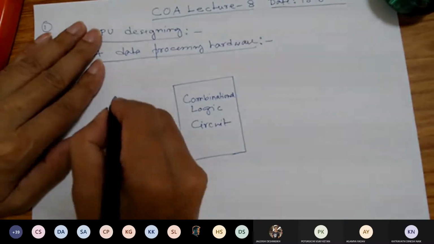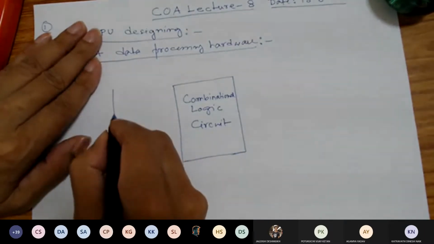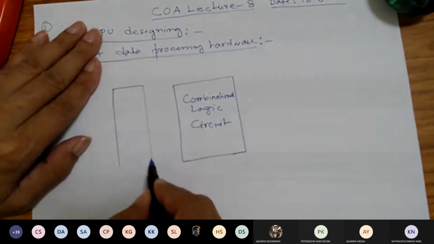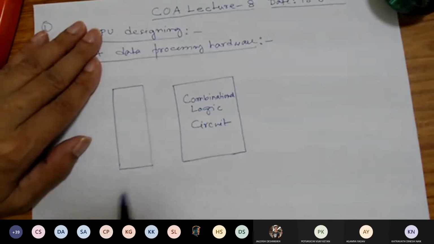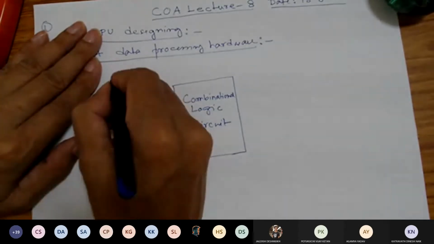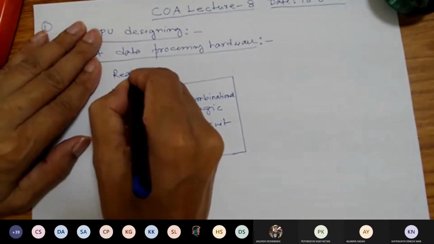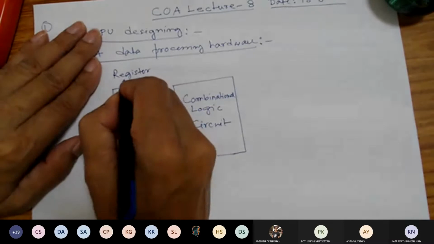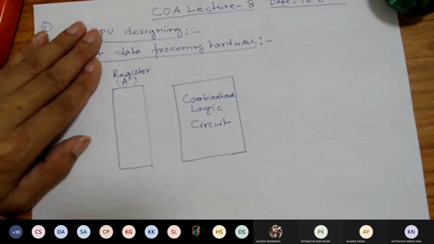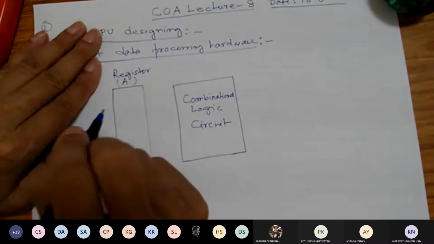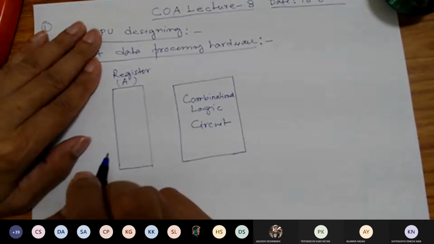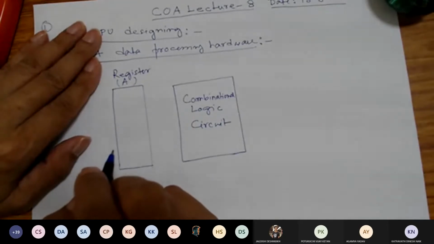So what we can say is that on the left side you have one temporary location, you can say a register, say A. And what do these registers contain inside? What are the circuits?